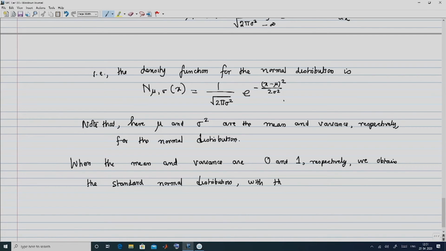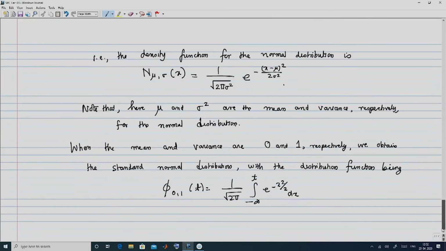So with the distribution function being phi 0 1 of t is 1 over square root of twice pi integral minus infinity to t e raised to minus x square over 2 dx.